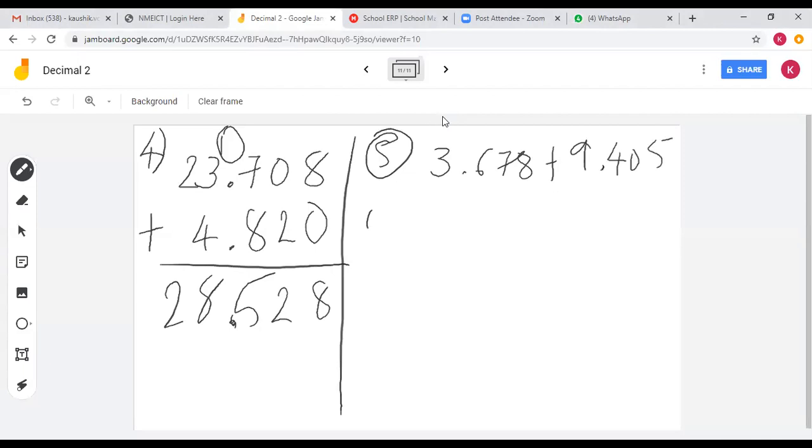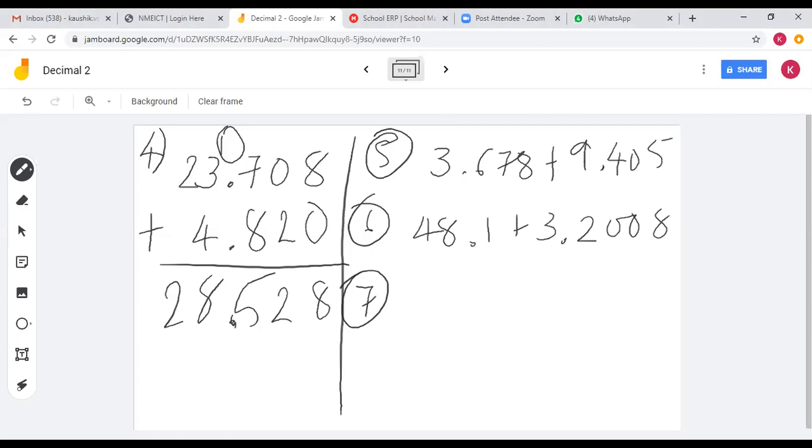Number 6, 48.1 plus 3.2008. Okay. Very easy examples. Yes, very good. And one more example, 43 plus 39.2. This is a plus sign, sorry.